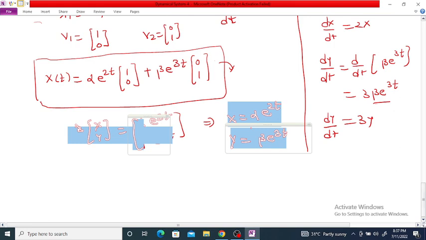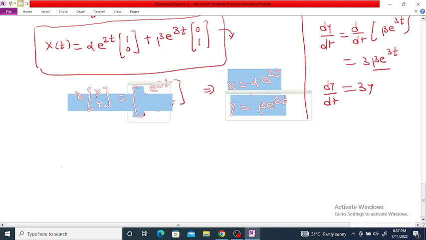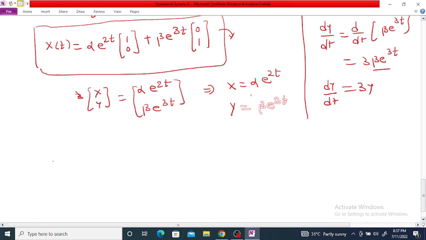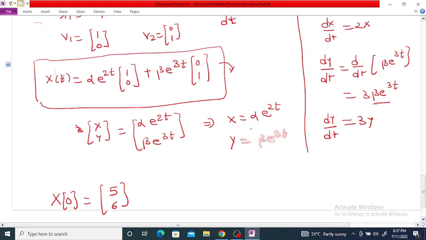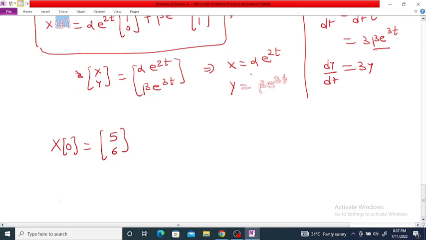Now suppose we want to determine a solution satisfying x0 is equal to (5, 6). Then if we put t equal to 0 here, we get (5, 6) is equal to alpha e raised to 0 and beta e raised to 0.